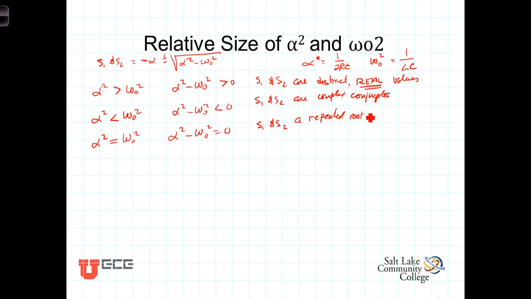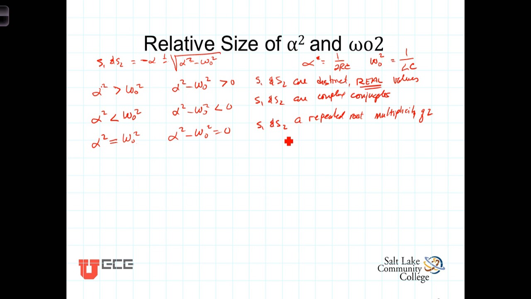And the math people like to say that it is a multiplicity of 2. We thus see that the nature of S can take on any one of three different forms based upon the relative values of R, L, and C.